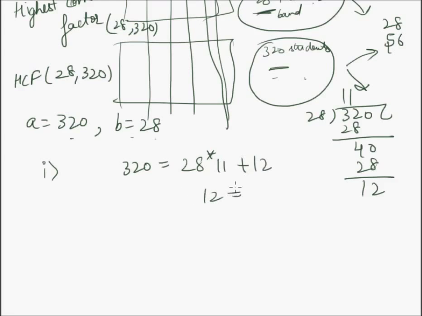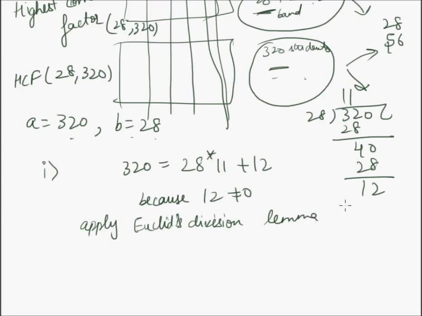Since 12 is not equal to 0, again apply Euclid Division Lemma on these two values, that is on 28 and 12, let A be 28 and B be 12.